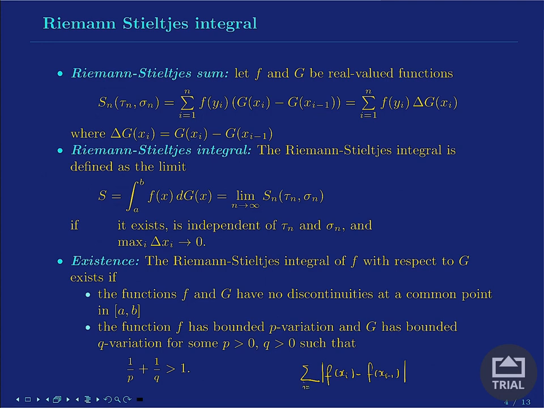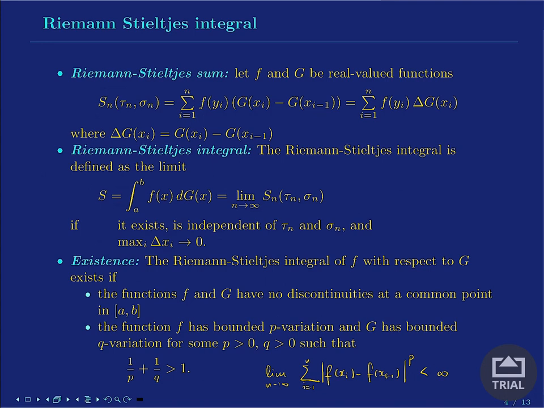If this in the limit for n to infinity stays bounded, so stays finite, then we say that we have bounded 1 variation. And if we have p variation, then we require the sum over the pth power of these increments.